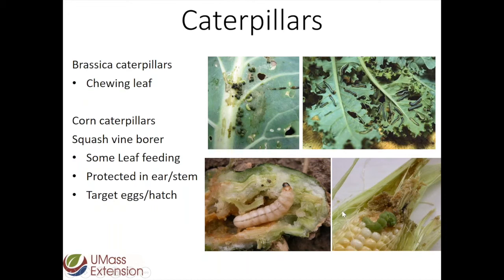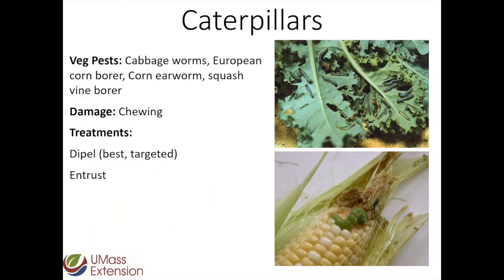So in these cases, the caterpillars are protected from a pesticide spray, and so when you're spraying for these things, you have to target the eggs or the hatching eggs. So I just want to mention that. But here are some of our vegetable pests: cabbage worms, European corn borer, squash vine borer, causing this chewing damage.